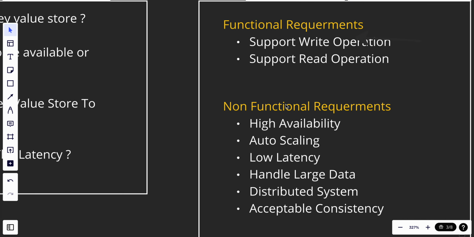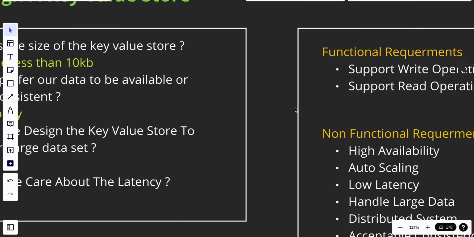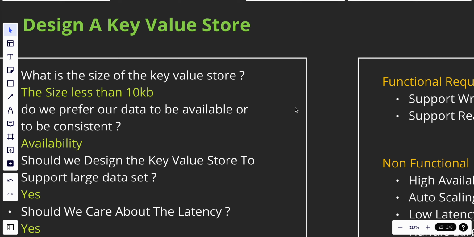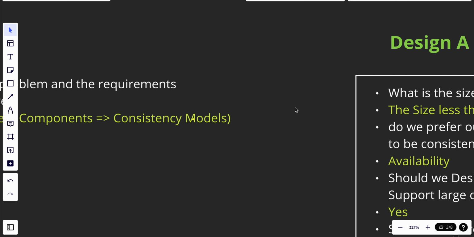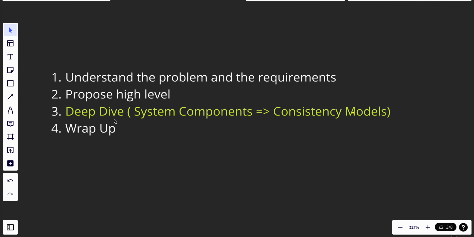From the question we get the functional and non-functional requirements, which give us a thought of how our system will look. Because we only have 45 minutes, we focus on specific parts of the system. And we have a framework that helps us succeed in the system design interview.